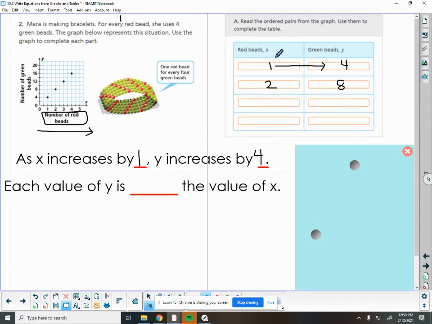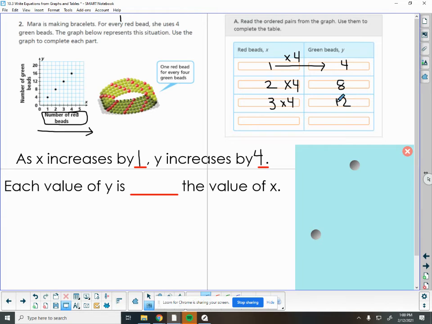To get from 1 to 4, this is a nice unit rate. They're doing the same proportion every time. So we're going to multiply by 4. 1 times 4 is 4. 2 times 4 is 8. On the second bead of red, that means they've times 4 to make 8 green beads. When we've done 3 red beads, we times that by 4, and that tells me I've done 12 green beads.